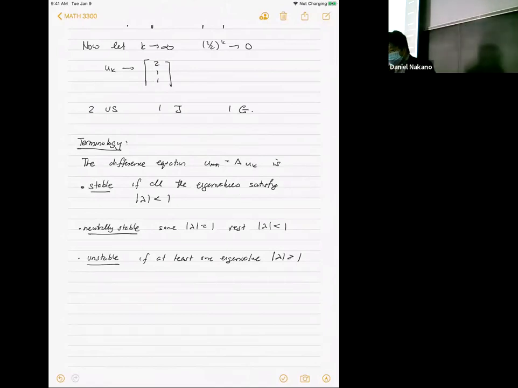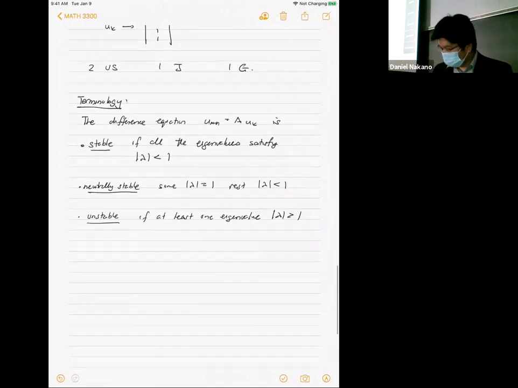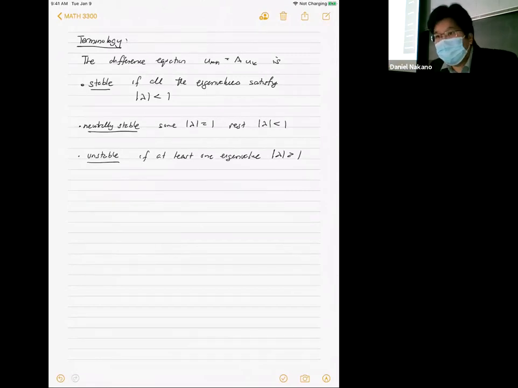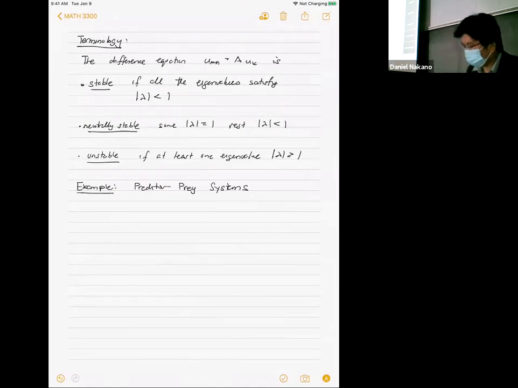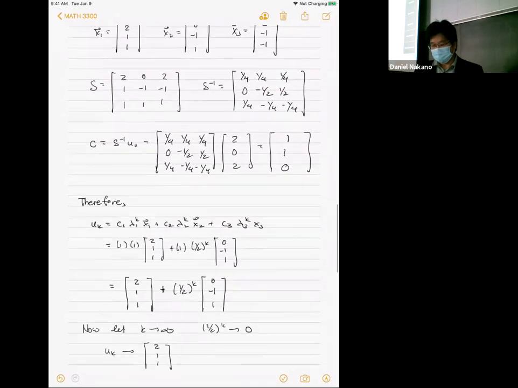All right, so now let's apply this to another example. This is an example which I think is in your book, or some examples that you'll be doing in your book. And this is the predator-prey systems. A lot of them work the same way as what we've done in the past.